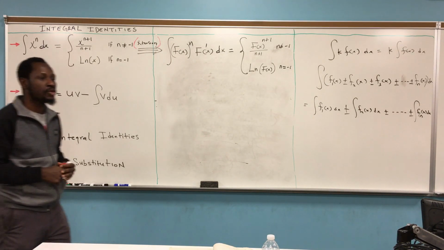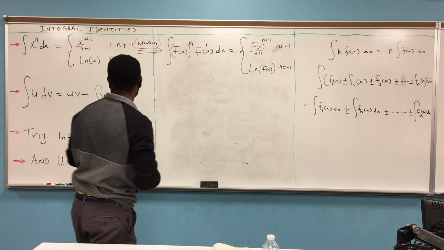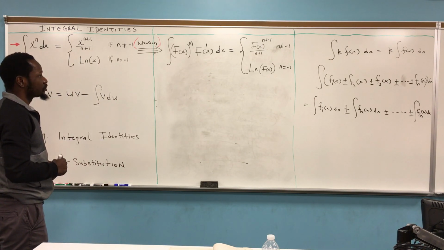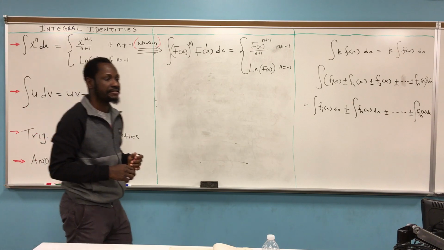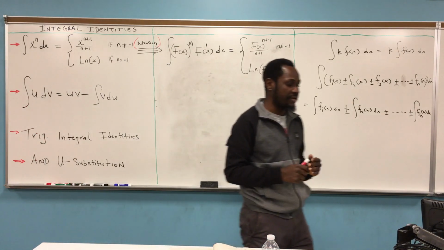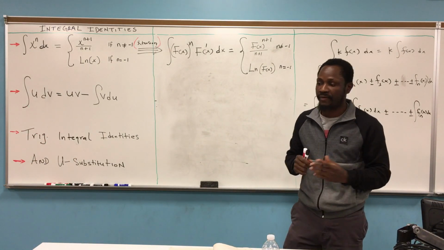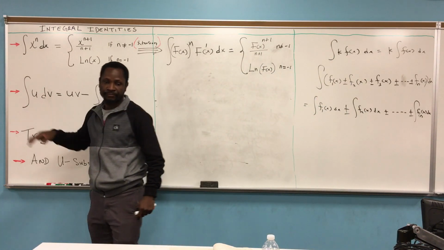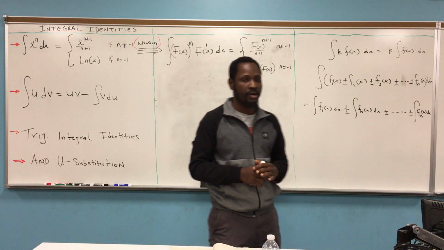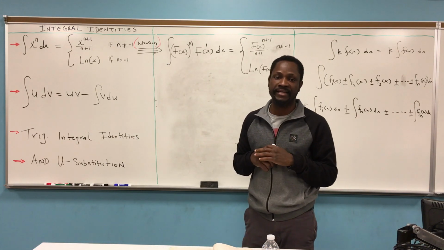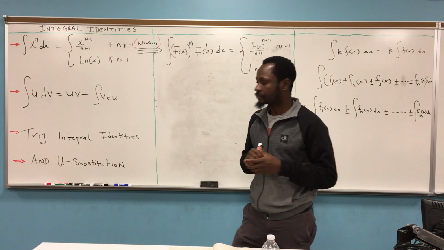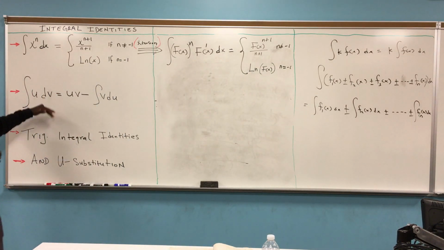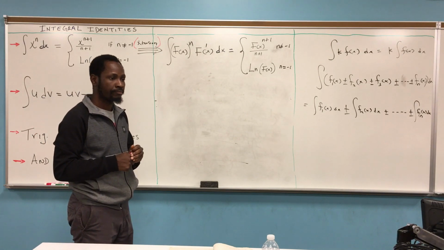Now, this is integration by parts. Sometimes you need to evaluate the integral of the product of two functions that are so different, not related in any way. Sometimes integration by parts is the way to go.